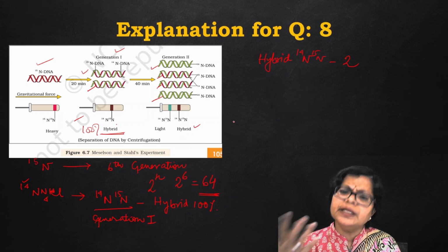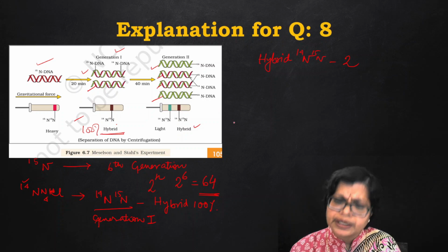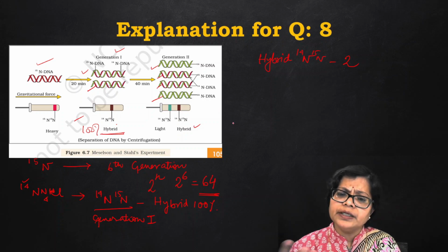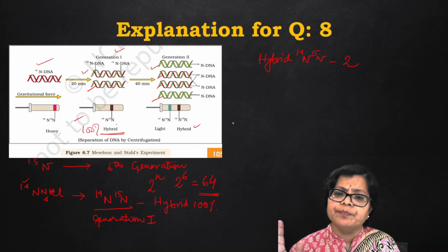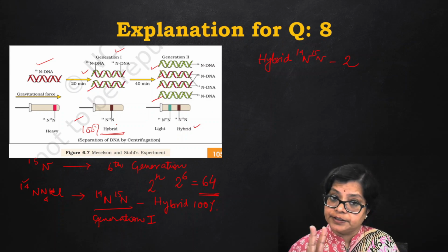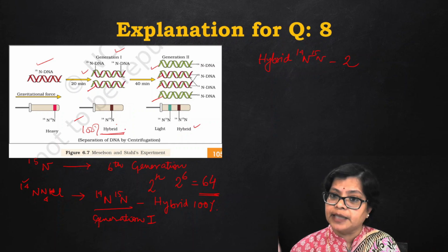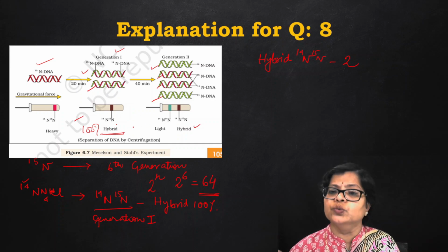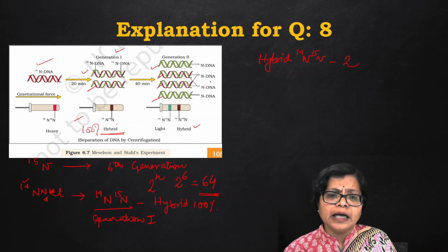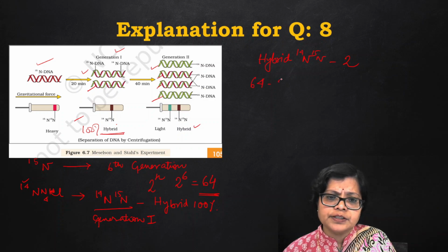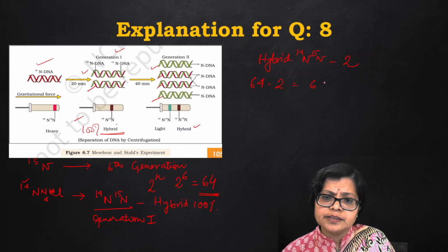It is clear, because in the medium N14 is not available. So all the DNA segments will be N15 type after the first generation. First generation 100% hybrid, the number will be 2. Clear? Now from the next generation onwards, up to the 6th generation, what will be formed? 64 minus 2, that is 62.